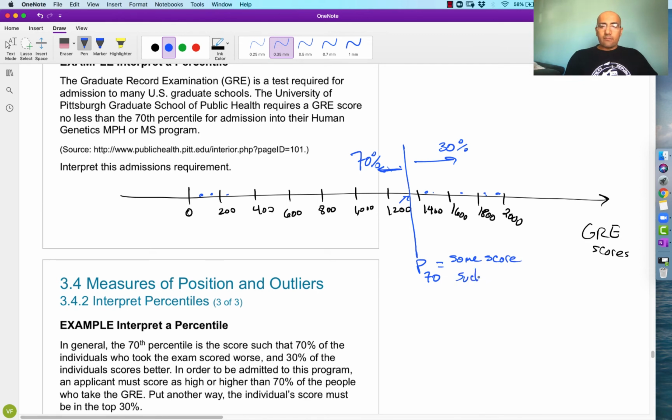such that 70% of everyone else, of other test takers, of other scores, are below and 30% are above.